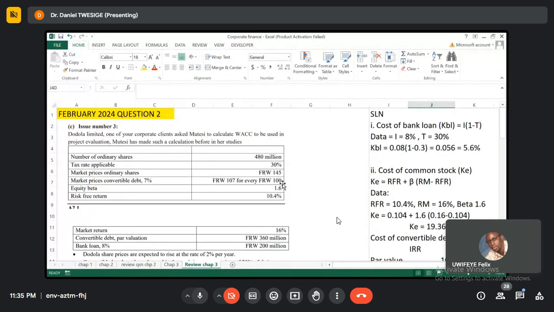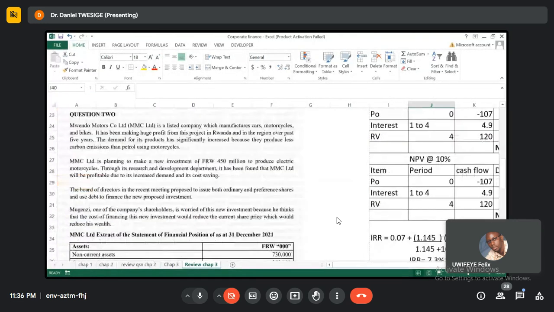Let's start calculating here. Number of shares are given, 480, sorry. Number of shares is 480 million and the current market price is 145. So it means I can compute my market value here.